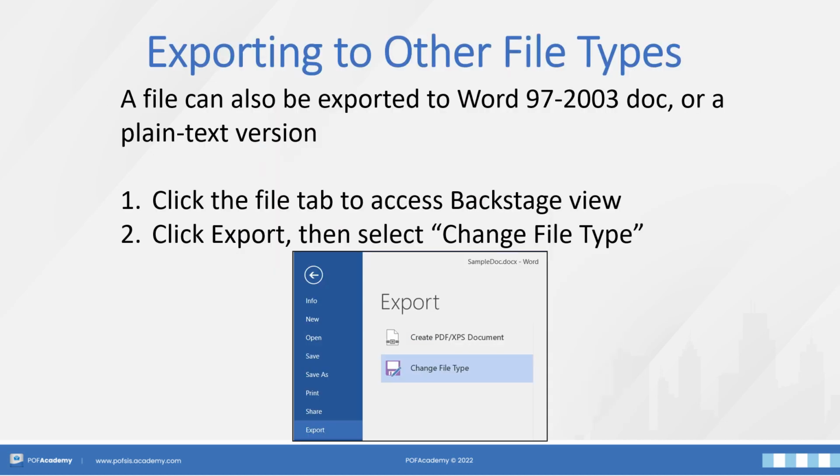So there are also other ways to export files. A file can also be exported to a Word 1997 to 2003 document or a plain text version. First step, click the File tab to access Backstage view. Second, click Export, then select Change File Type.